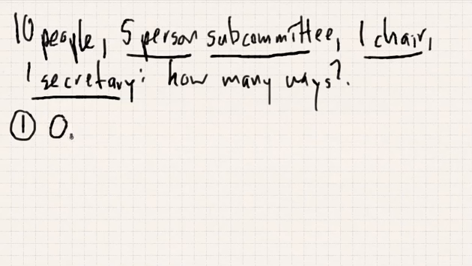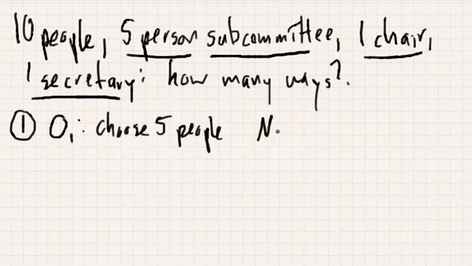Let's say that the first operation is to choose the 5 people. And how many ways can I do that? Well, I'm choosing just any 5 people from the 10 people, and initially it's just a group of people.